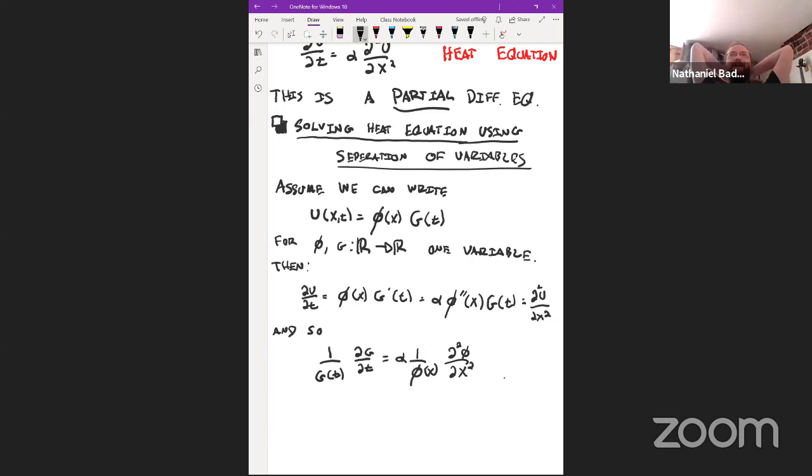So how can this be possible? The issue here, of course, is that we've got a function of t on the left-hand side, and a function of x on the right-hand side.